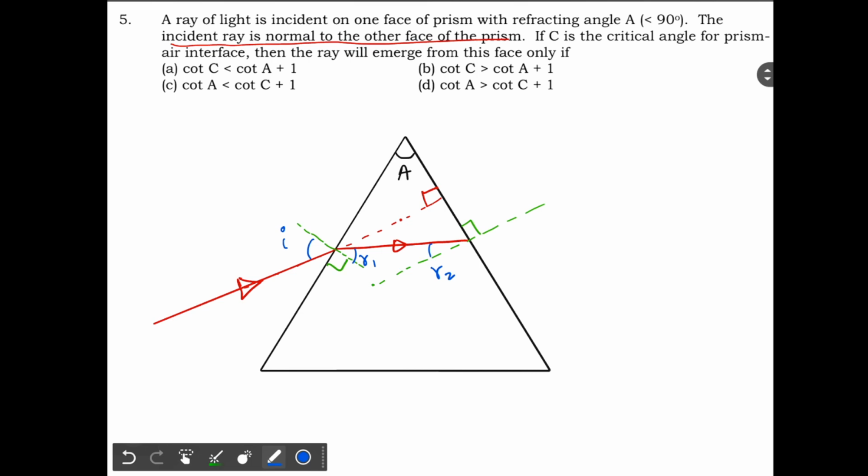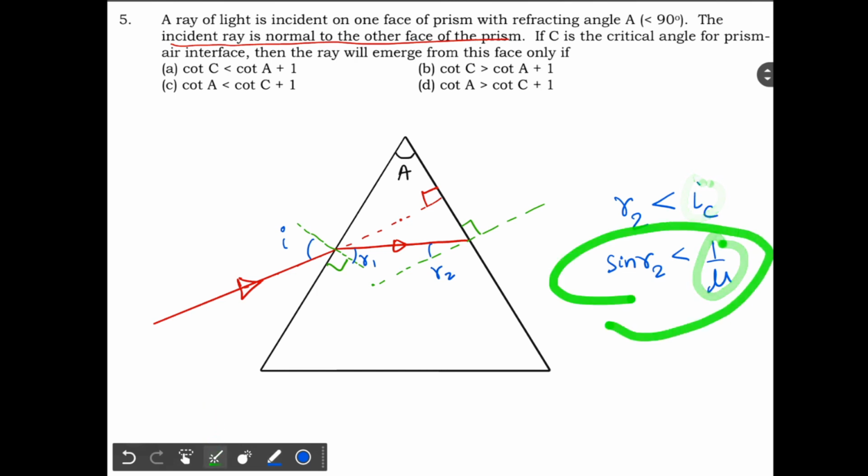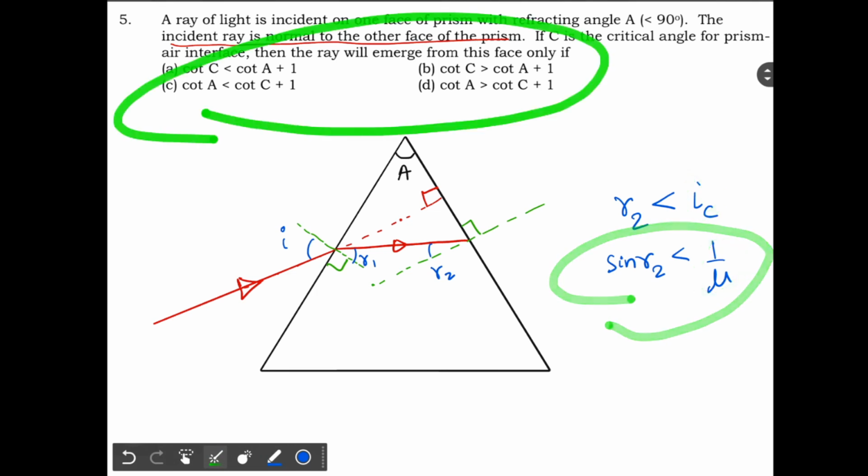So we have to basically find a condition such that R2 is less than the critical angle C, or sine R2 is less than 1 by mu, because sine C will be 1 by mu. Sine C is equal to 1 by mu, okay. So we have to basically prove this condition and convert it into one of these forms.